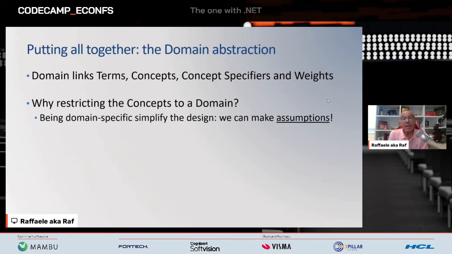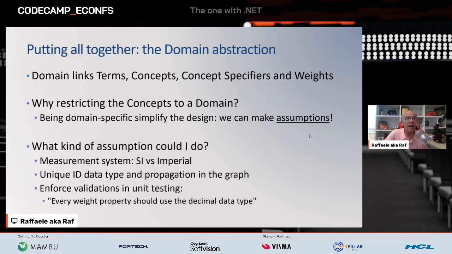And the domain is important because I don't expect to be able to describe an ERP domain, for example, that is valid across my model and your model, because maybe we have different assumptions. So if I define my own domain and I use this entire SDM in my environment, I can make assumptions like, I always use SI units of measure and not imperial.